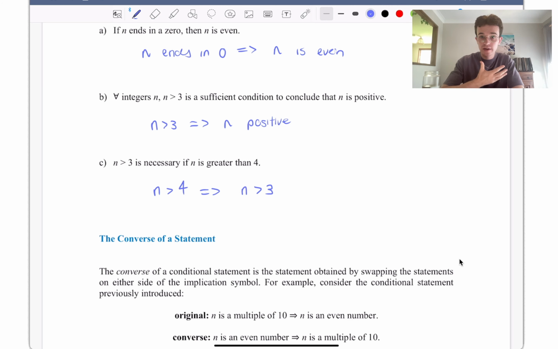We don't necessarily know that if n is greater than 3, then n is greater than 4. So we can't go back the opposite way. That's quite important, especially when we get to the idea of logical equivalence. Logical equivalence is when we have an arrow on both ends. So one implies the other, and the other implies the first thing. But in this case, the opposite is not true.